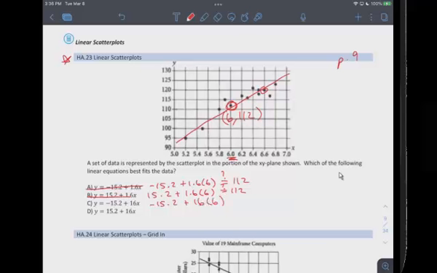So now I'm looking at negative 15.2 plus 16 times 6. Well, if I take 16 times 6, I get 6 times 10 is 60, 6 times 3 is 36, 60 plus 36 is 96. So basically it's saying, am I looking at negative 5.2 plus 96, or am I looking at positive 15.2 plus 96? Which one is going to get me to 112?